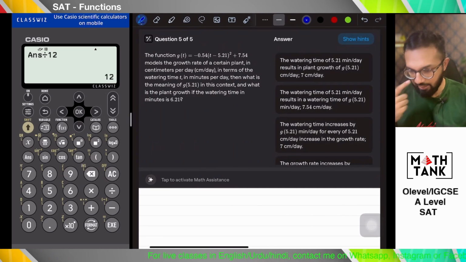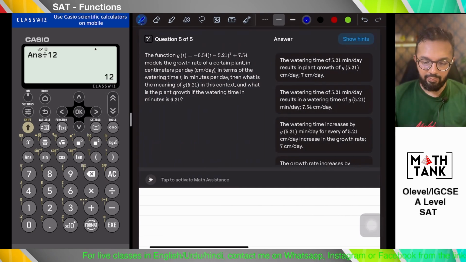Then the next question says, in terms of the varying time, the function g models the growth rate of a certain plant in centimeters per day in terms of the number of minutes. Then what is the meaning of g of 5.21? So 5.21 is the number of minutes, 5.21 minutes.